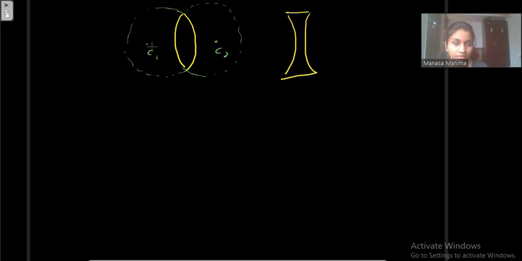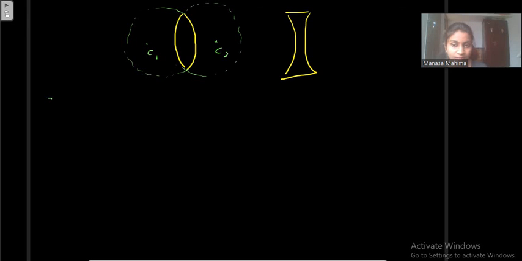Correct? So this C1 and C2 are called the centers of curvature of the spherical surfaces. So how can we define the center of curvature? Center of curvature is the center of the sphere of which the reflecting surface is a part.